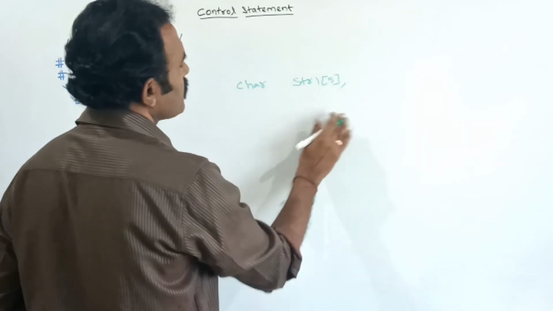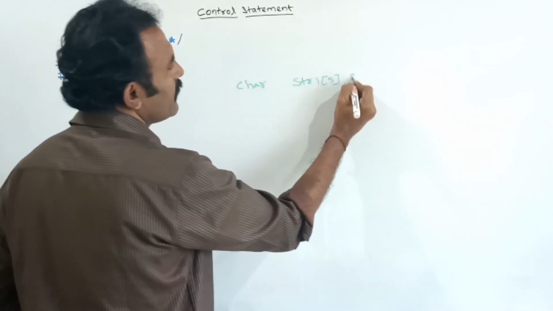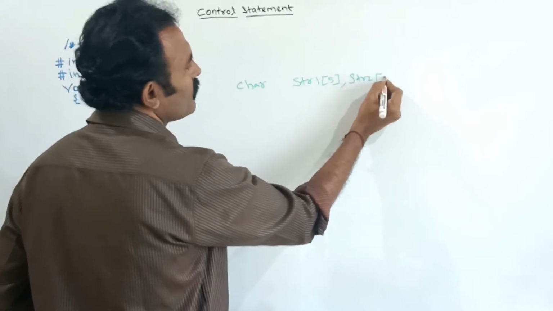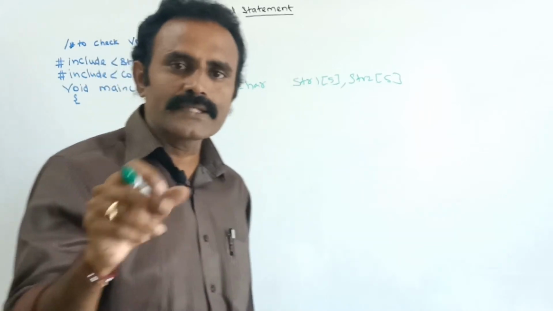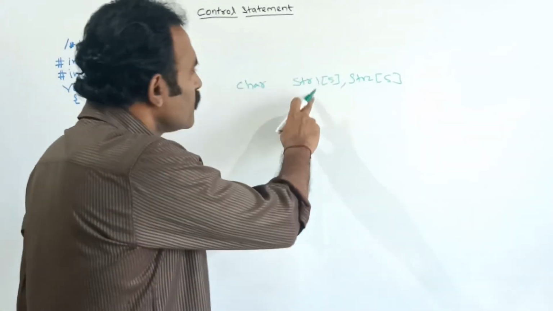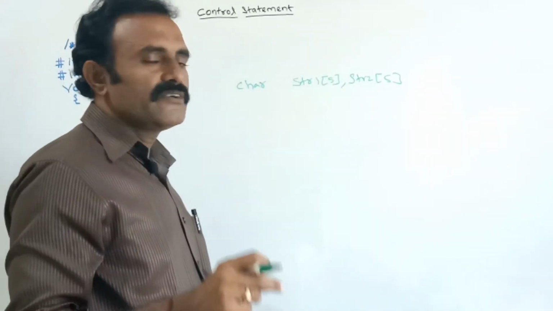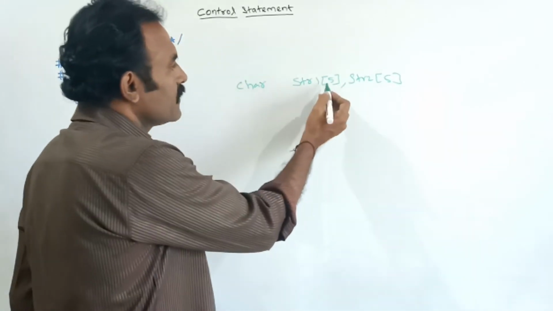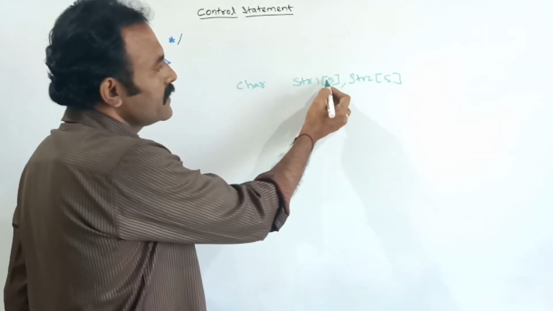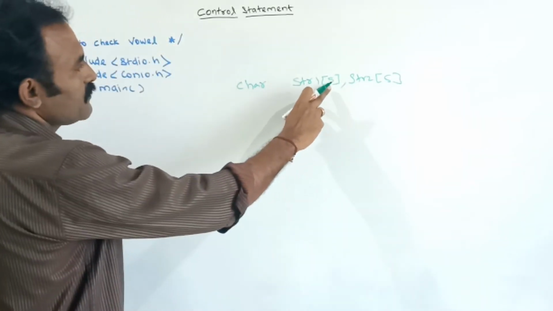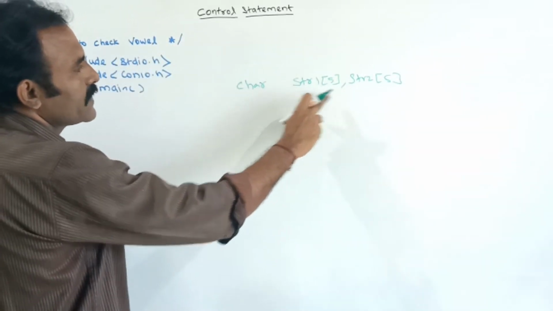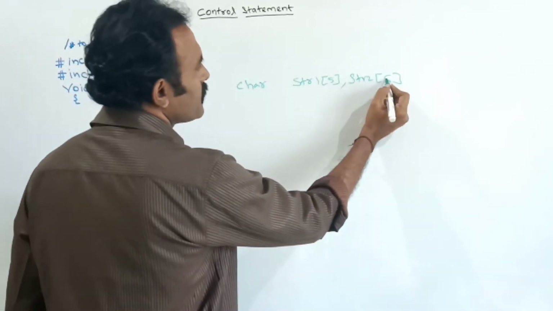For example, let us keep string 1 of 5 and string 2 of 5. That means totally two variables. In each variable I can store a maximum of 5 letters. This is the index. Here we can give how many letters we need. So a maximum of 5 letters can be stored in string 1 and 5 letters in string 2.